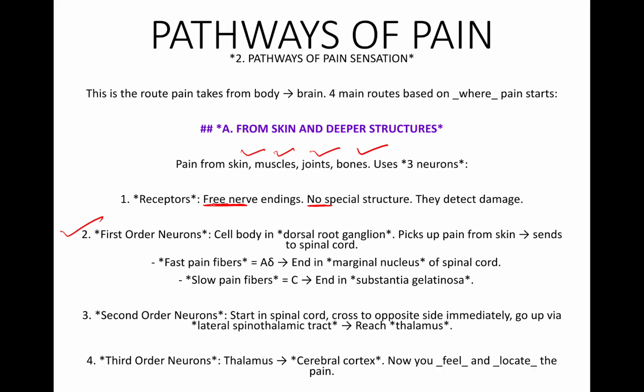After which, the slow pain fibers, what will they do? Which are the C fibers? They end in the substantia gelatinosa. Okay. Now the second order neurons. After the first order neurons end in the spinal cord, second order neurons start from the spinal cord.